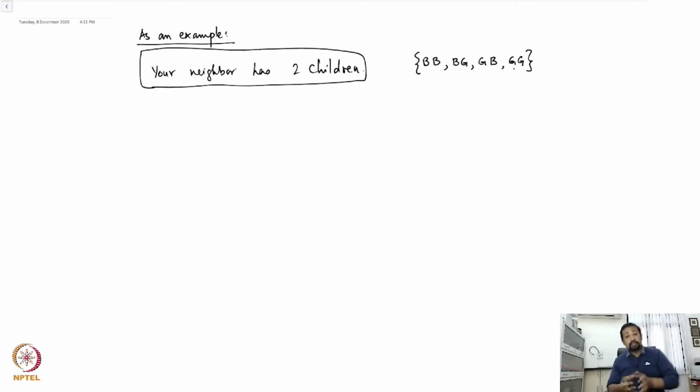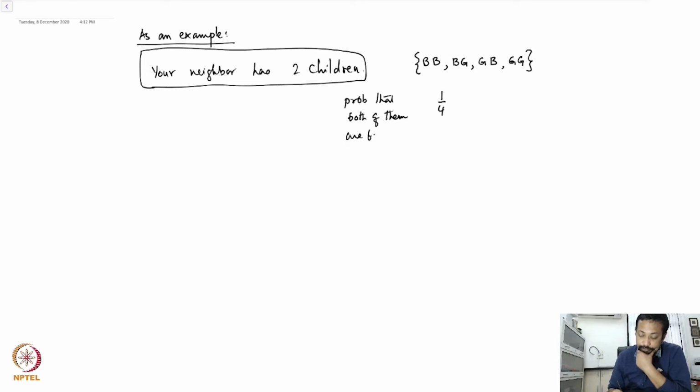and you will immediately say that, look, if I do not have any other information, then the probability that both of them are boys is 1/4, equally likely to happen. But now I give you additional information that one of them is a boy.